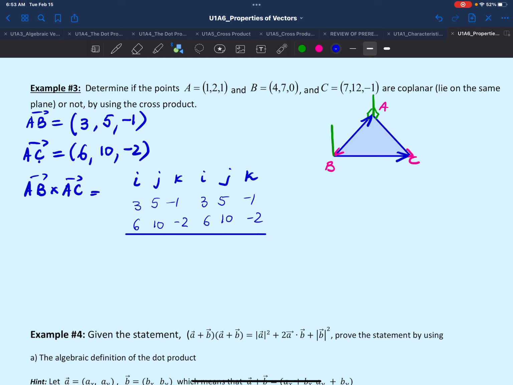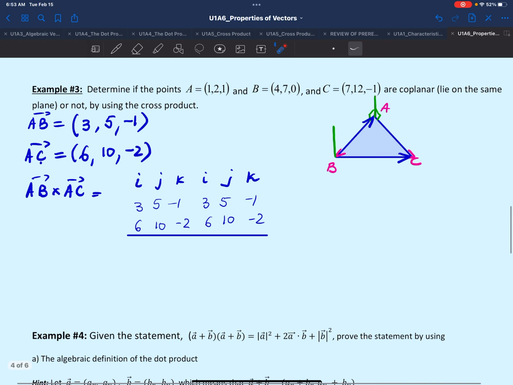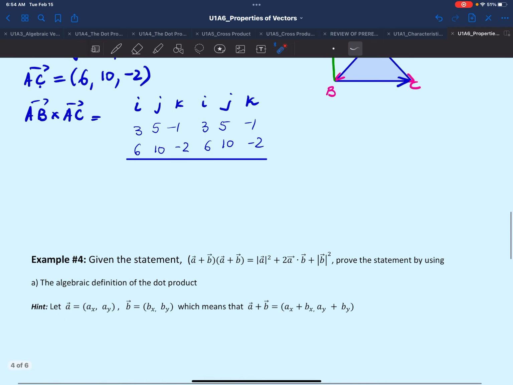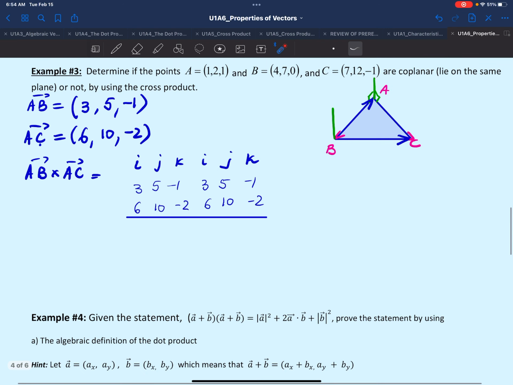Always double check before you proceed with the next step. So what I have in here is IJK. Next we have vector AB, 3, 5, negative 1, and vector AC, 6, 10, negative 2. So the coordinates are listed correctly. Now we'll go ahead and do the product.